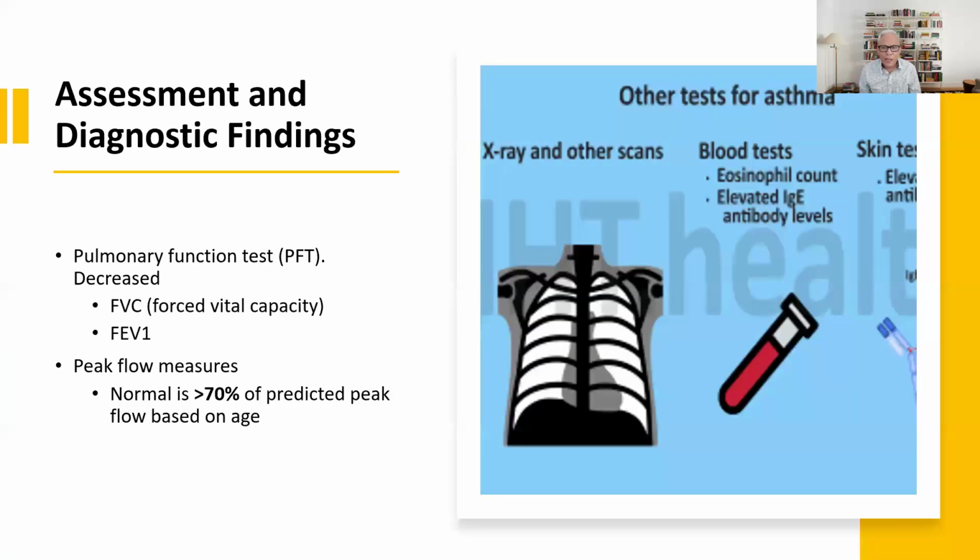So how do we diagnose asthma? When asthma is initially suspected, the first step in the diagnosis is conducting a PFT, or a pulmonary function test. The most important measurements that we're going to take in these patients are their forced vital capacity, also known as FVC.